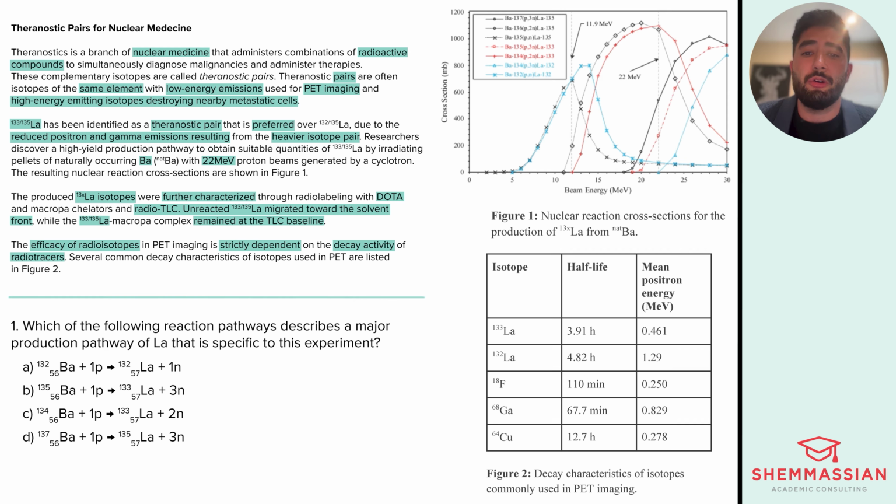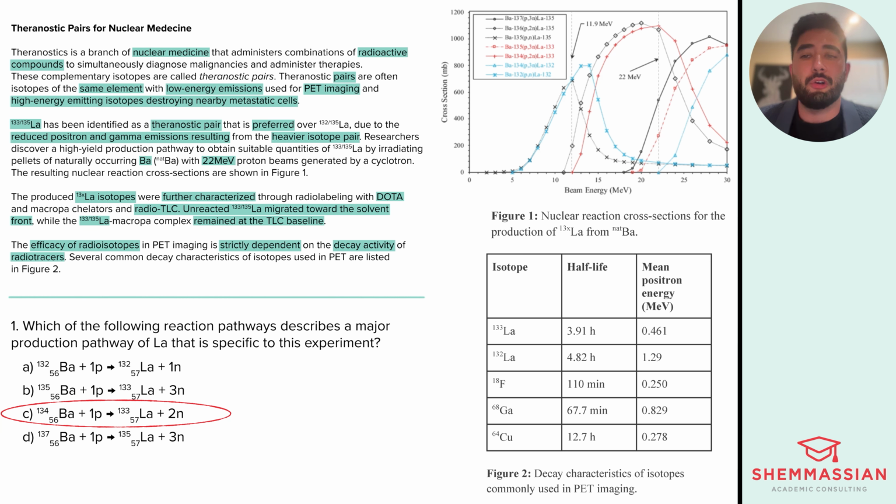And so that's showing that the addition of 1 proton and the removal of 2 neutrons from that barium 134 will likely produce lanthanum 133. And so because of that, that points to likely answer option C, that at 22 MeV, that cyclotron promotes this reaction where barium 134 absorbs that 1 proton and loses 2 neutrons.